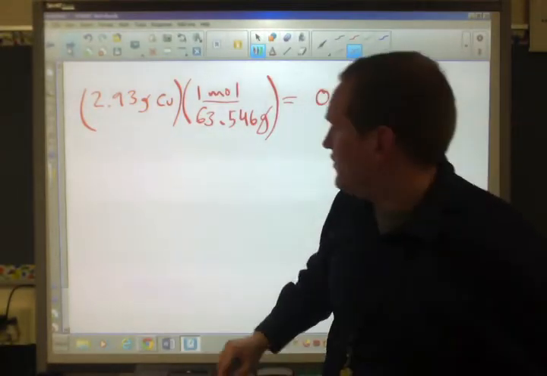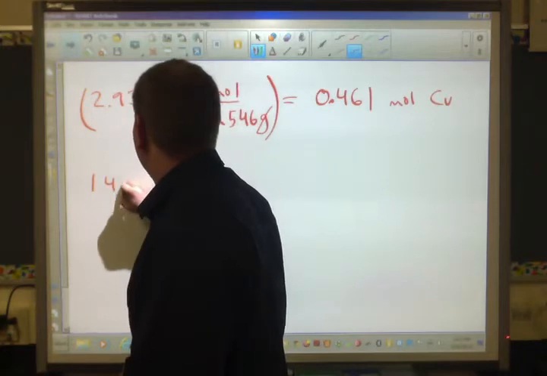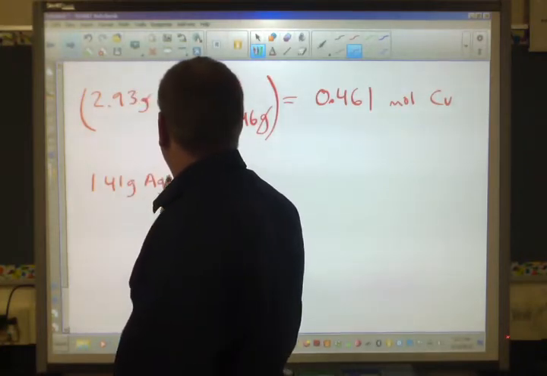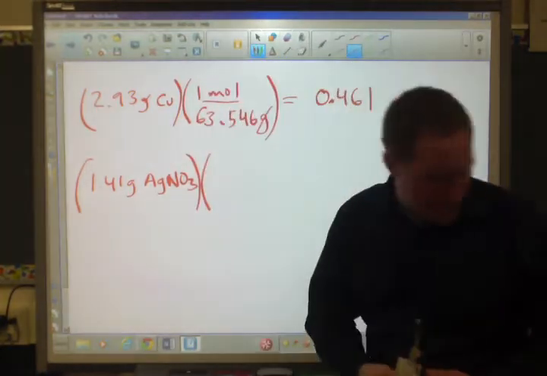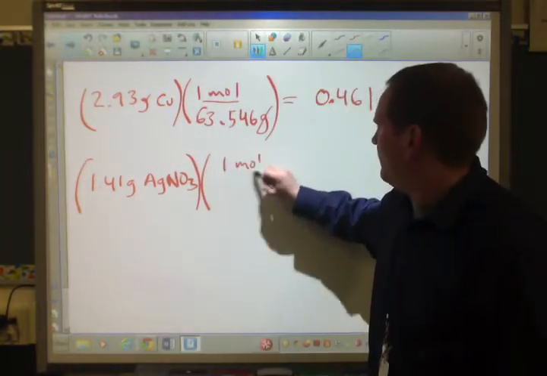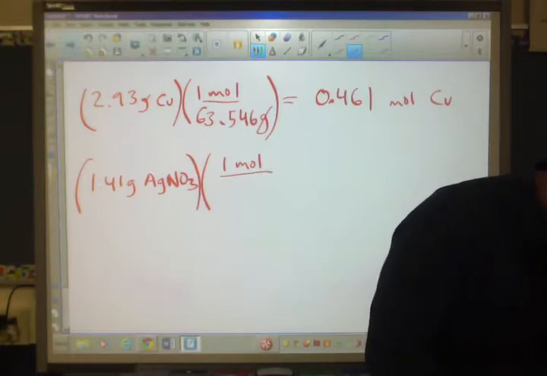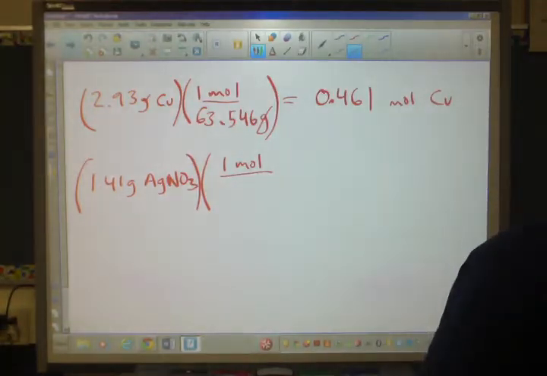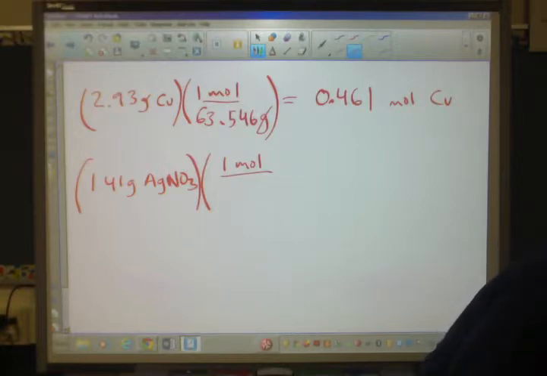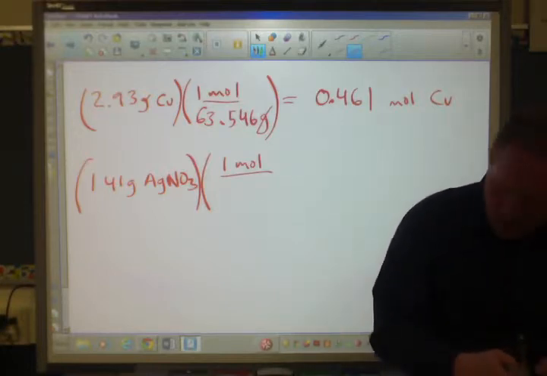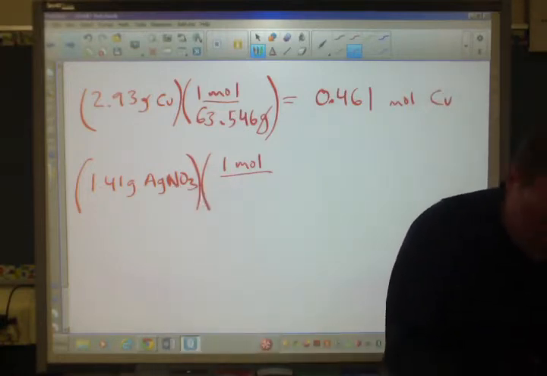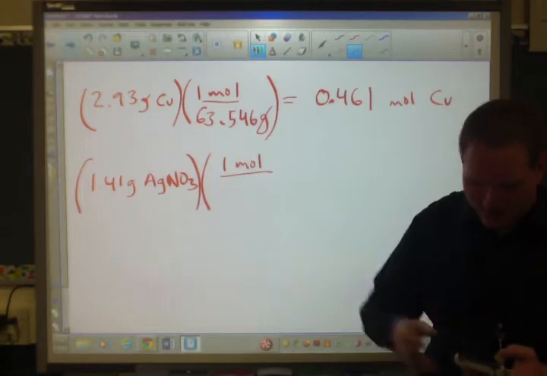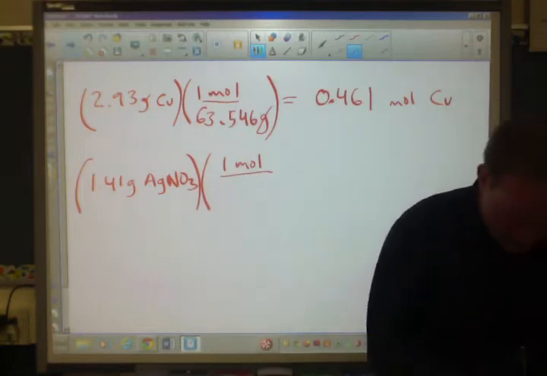1.41 grams of silver nitrate, AgNO3, times 1 mole over the molar mass. Silver is 107.868, plus 1 nitrogen, 14.007, plus 3 oxygens, which is 48.